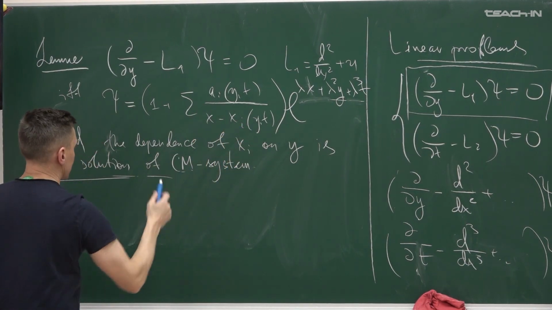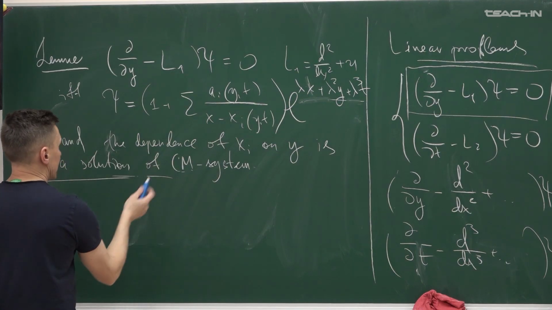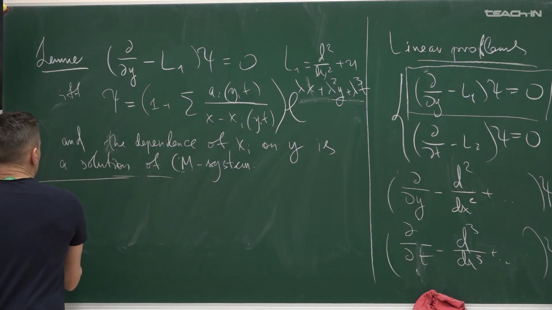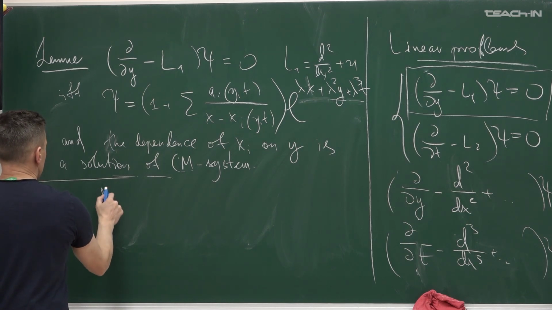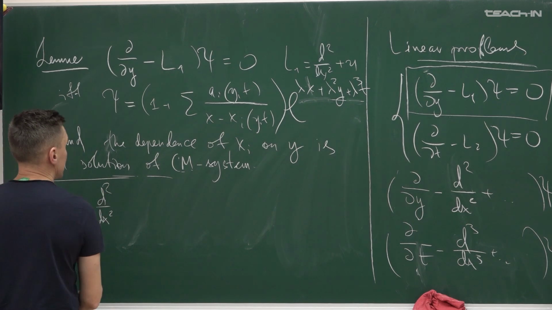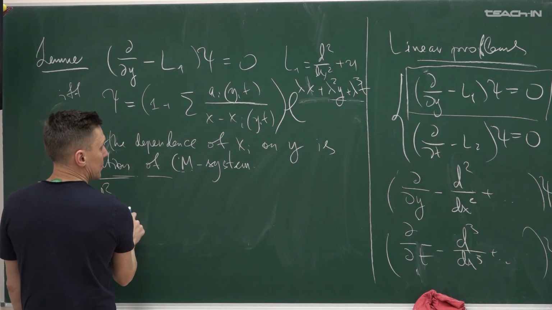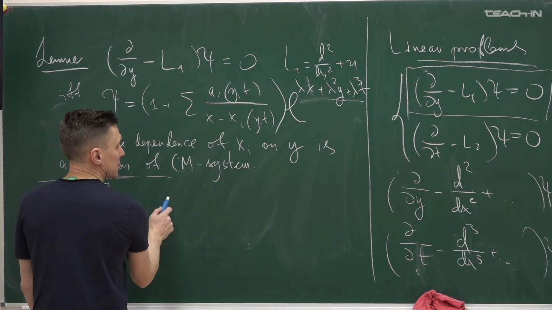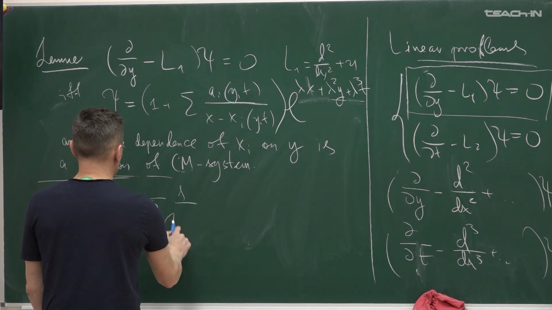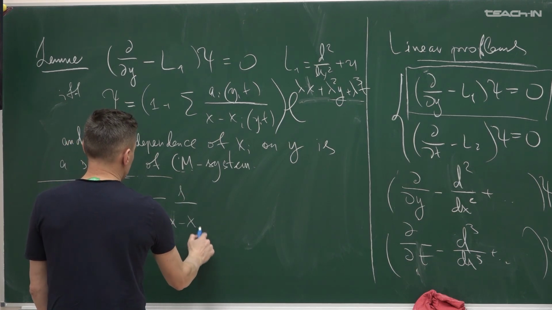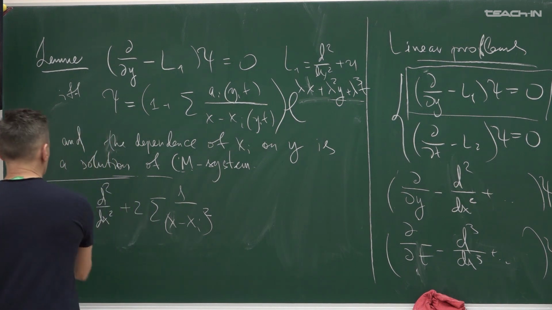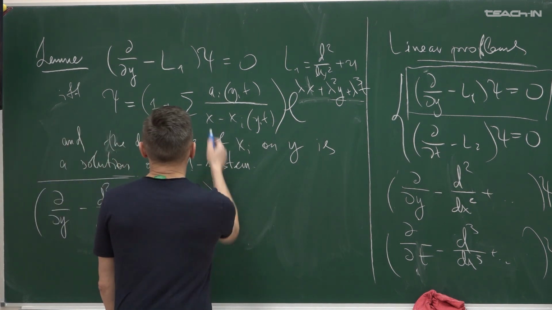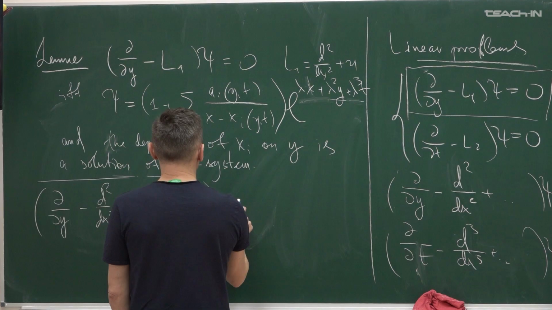Now I'd like to make a calculation. So I would like to take minus d second over dx2 minus plus 2 sum x minus xi, and I would like to apply this function to psi.